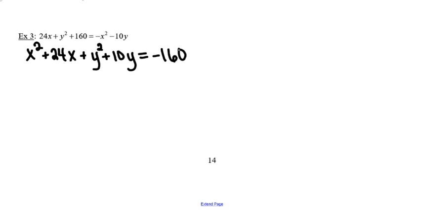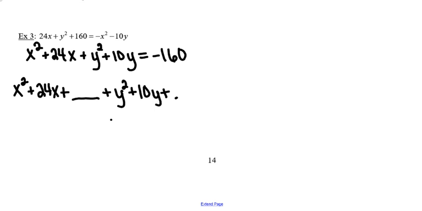All right, once I put everybody with an x and a y on the left side, now I'm going to get set up to go ahead and complete that square. And now I'm perfectly positioned to go ahead and complete my square.